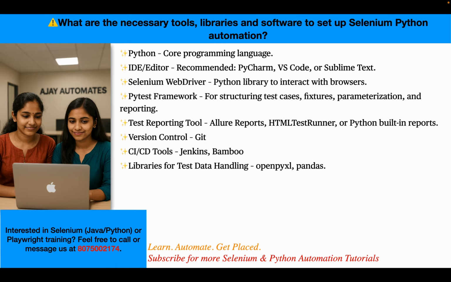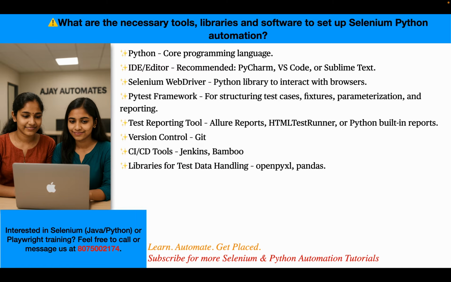Let's see the next question. What are the necessary software, tools or libraries you are using to run your Selenium Python automation? This is also an important question. We need Python because it's the core programming language, and preferred editors are PyCharm, VS Code or Sublime Text. We also need libraries like WebDriver Manager and Selenium WebDriver, and we need to configure the PyTest framework as well.